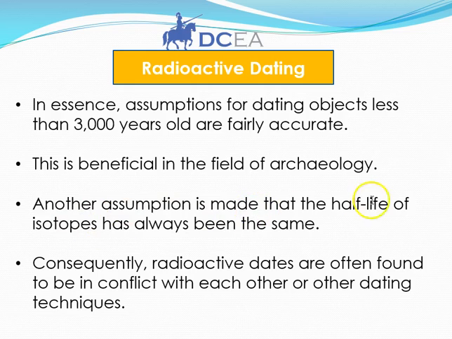Another assumption is made that the half-life of isotopes has always been the same. Consequently, radioactive dates are often found to be in conflict with each other or other dating techniques. There have been actual scientific experiments that have demonstrated that the half-life of isotopes can vary.